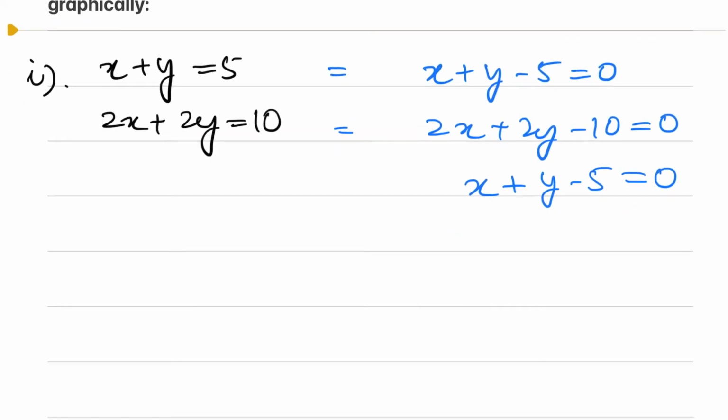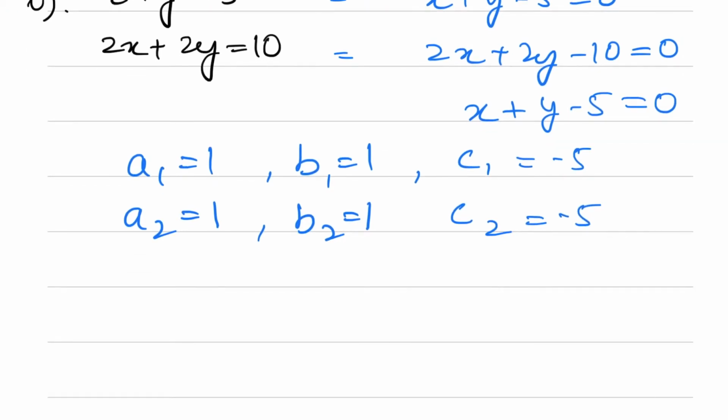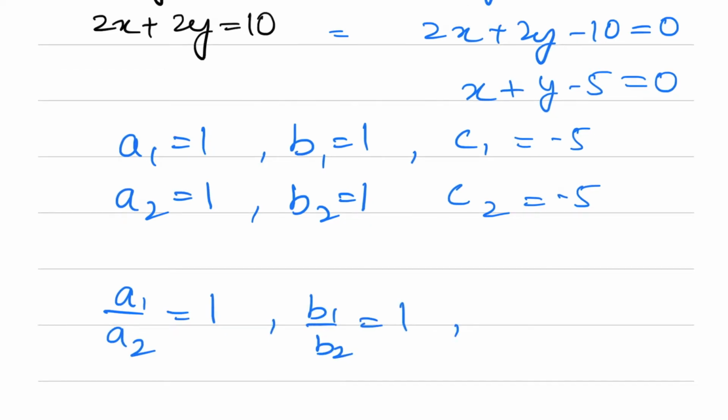So a1 is equal to 1, a2 is equal to 1, b1 is equal to 1, b2 is equal to 1, and c1 is equal to minus 5, and c2 is also equal to minus 5. So the ratio a1 by a2 will be equal to 1, b1 by b2 will be equal to 1, and c1 by c2 will be minus 5 by minus 5.